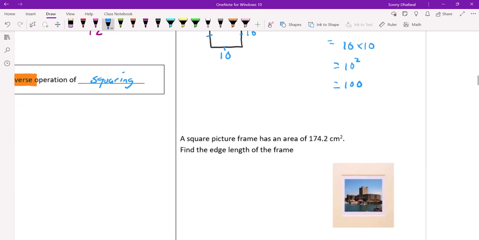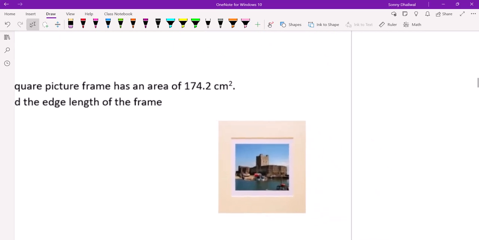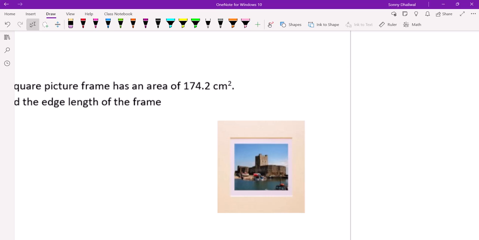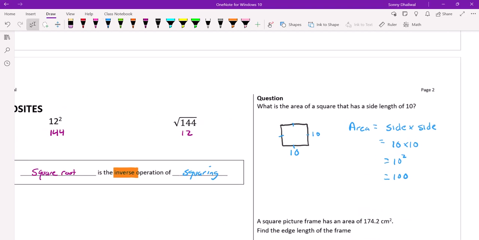But what can we do with this information? What if we're given the area, for example, in this question, the area of this picture frame, and we want to find out how big the side is? Remember, a square root is the opposite of squaring. So if we have this number, we want to go back to this number, what calculation do we need to do? If I give you 100, and I want you to figure out how big this side is, how would you do that?